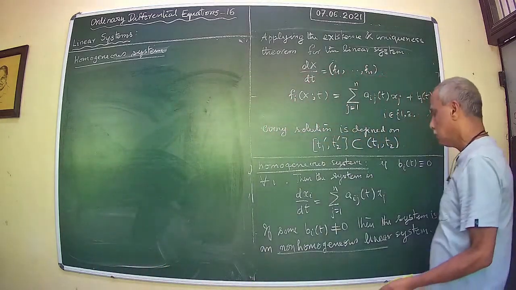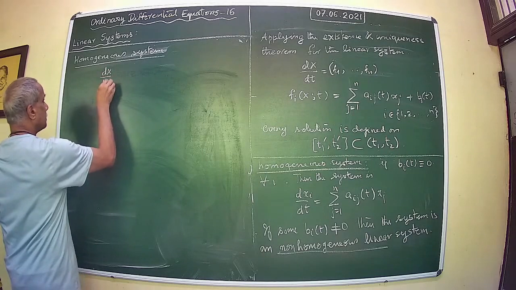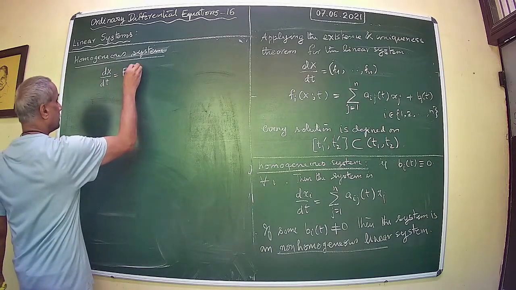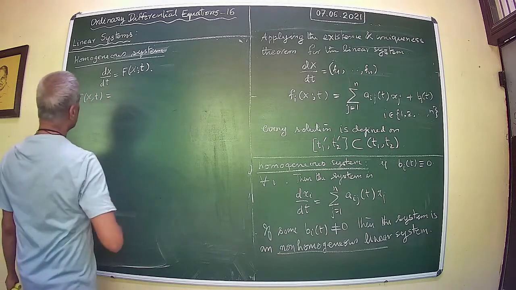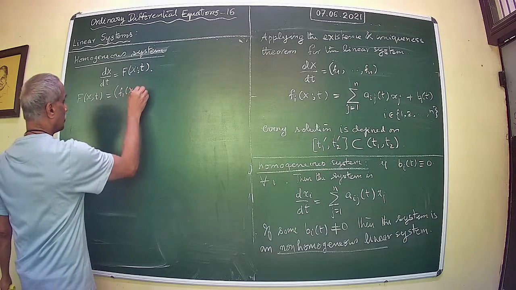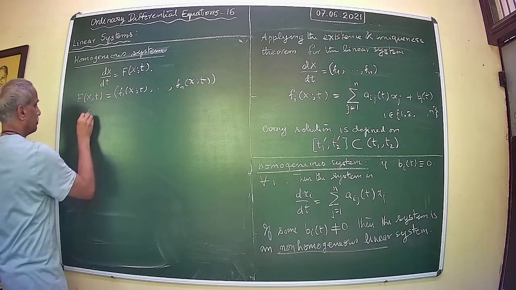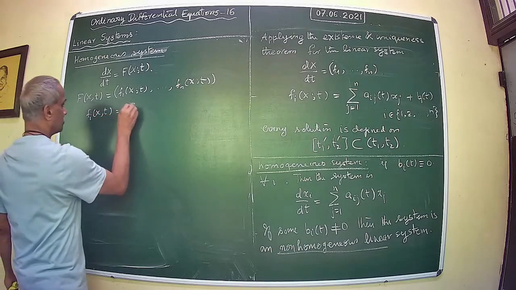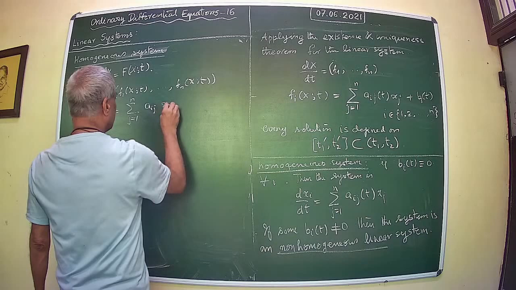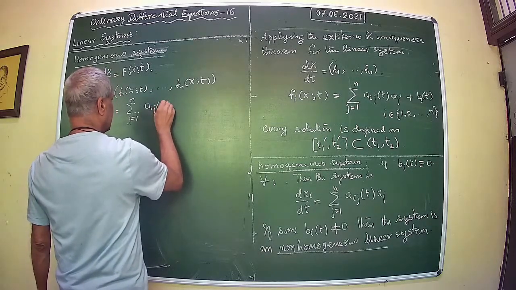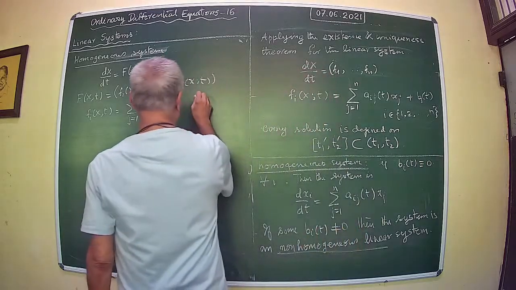So what is the equation? The equation is this, where f_i(x,t) is the sum over j from 1 to n of a_ij(t) x_j, a function of t, with x(t1) equal to 0 for some t1 less than t.